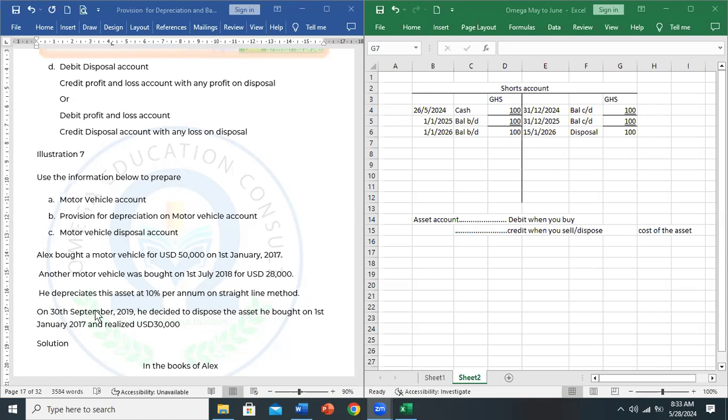But again, we are being told that on 30th September 2019, he decided to dispose or sell off the asset he bought on 1st January, which is the first motor vehicle with a cost of 50,000 US dollars. So I'm drawing your attention to the fact that regarding the asset account, the information you need is assets that were bought and assets that were disposed or sold off. Because this is the information you would need to prepare the asset account.